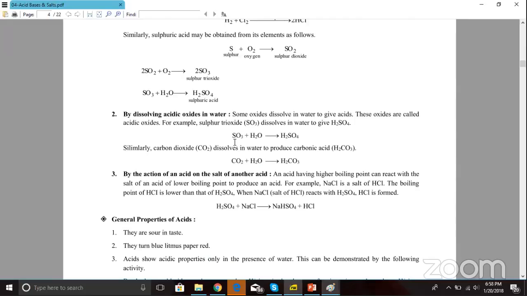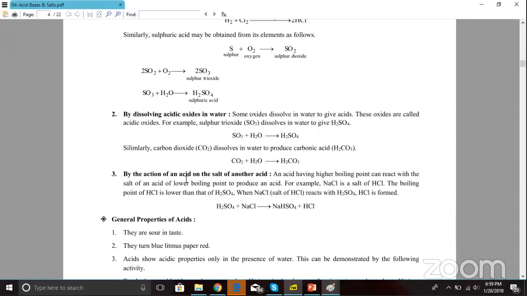S is the non-metal which combines with oxygen, so this is a non-metallic oxide. When we dissolve it in water, we get H2SO4, which is nothing but sulfuric acid. Similarly, carbon dioxide, CO2. Carbon is the non-metal which combines with oxygen. Carbon dioxide, when it dissolves in water, produces carbonic acid, H2CO3.